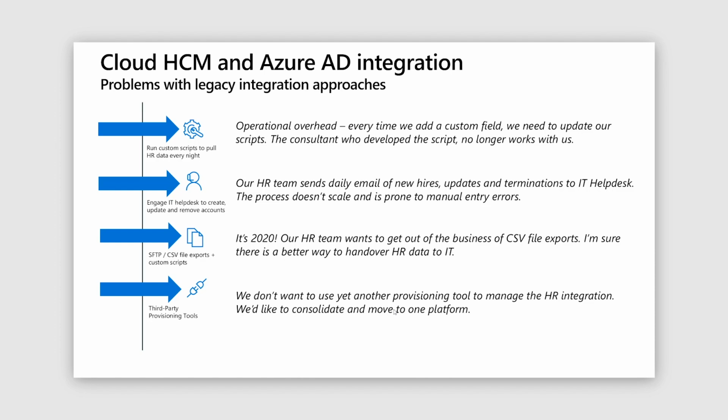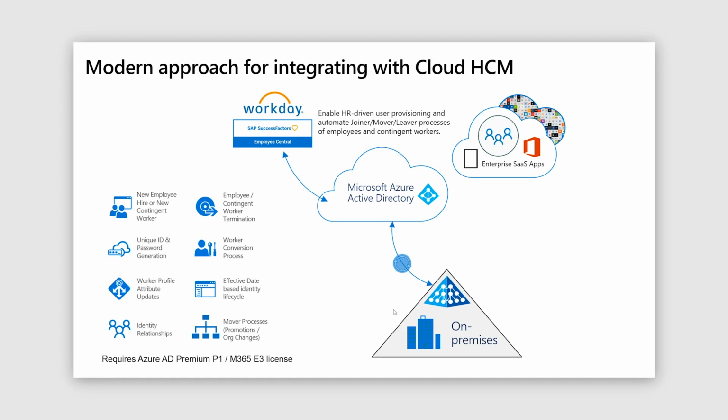So with these motivations, we decided to come up with a modern approach for integrating Cloud HCM, where we directly connect to the Cloud HCM systems and enable HR-driven user provisioning and to automate your joiner, mover, and leaver processes.